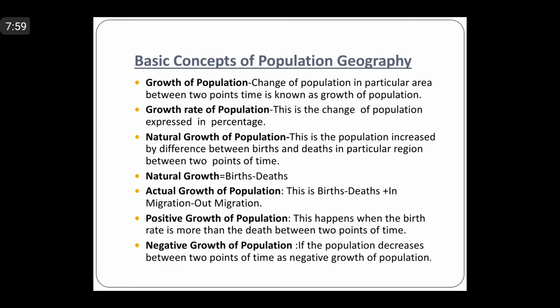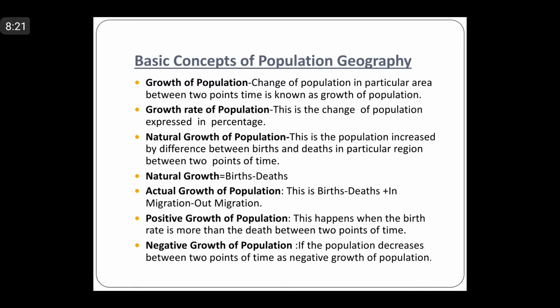Now there are some basic concepts of population geography which we will discuss here. The first one is the growth of population. The growth of population here means what? The change of population that takes place in a particular year between 2 points.